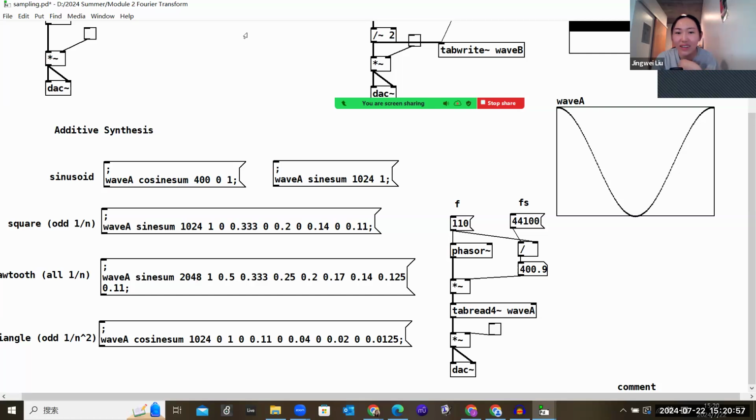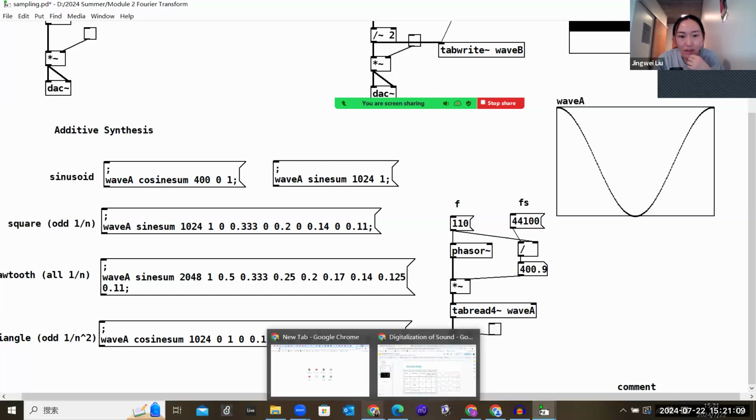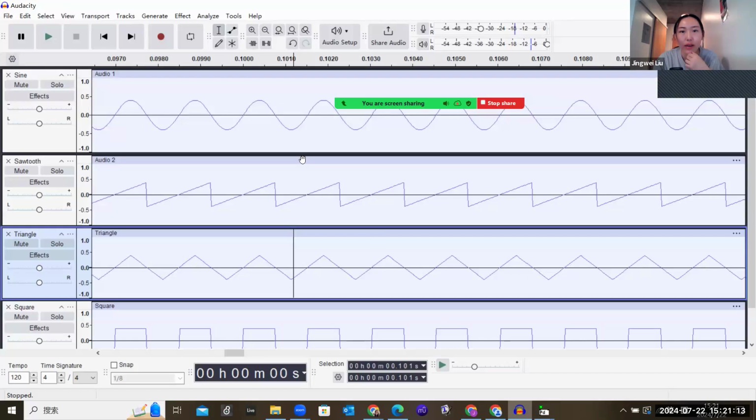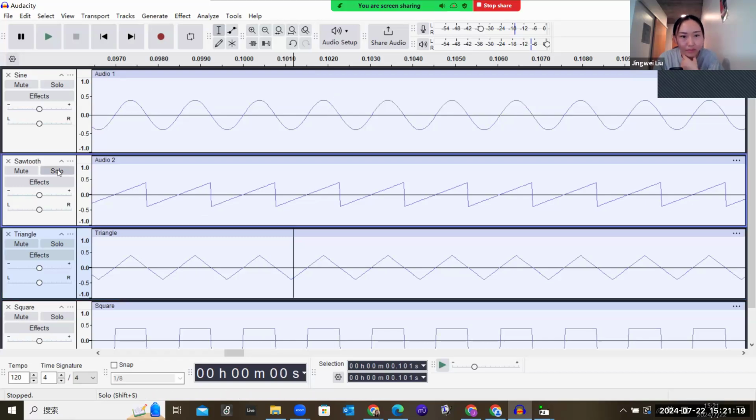I need to change the table to the same kind of scale as this audio playing device. But whatever, it's not important for our concern, because actually we can listen to these waves better here in Audacity.